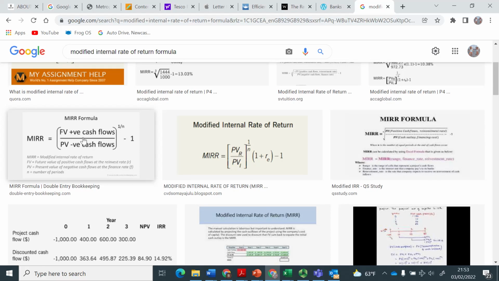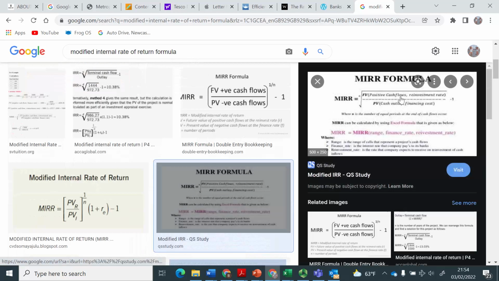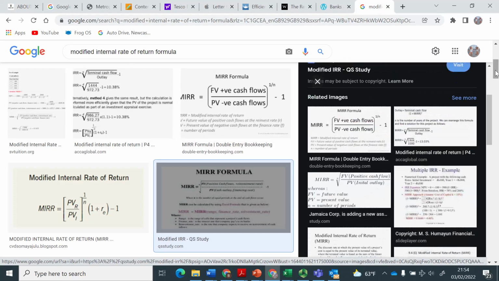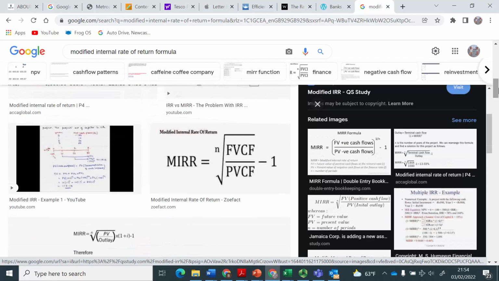Here it means negative and positive, or here maybe it is a good one. Future value of positive cash flows, reinvestment rate, present value of cash outlay, financing cost. Okay, so that's basically the formula which we applied and we're able to find out the modified internal rate.